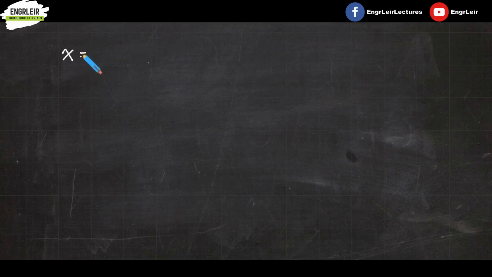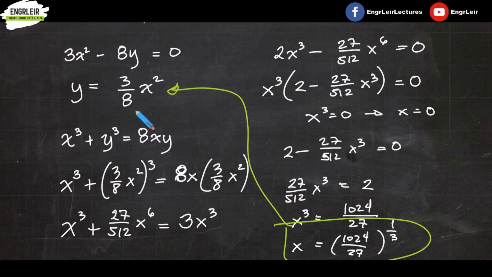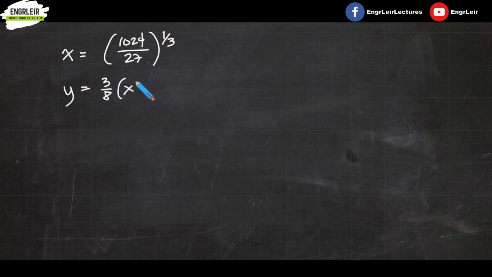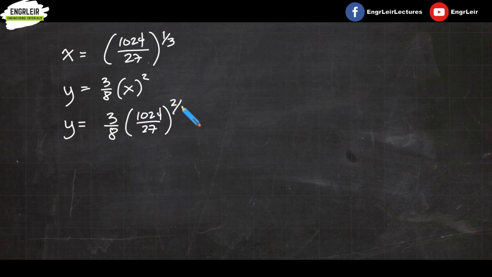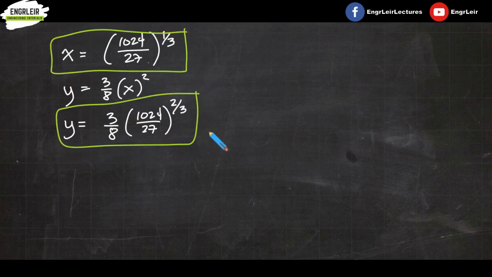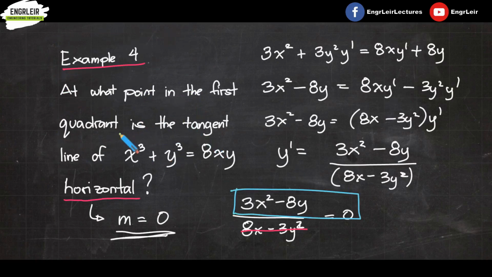So the x would be 1024 over 27 raised to 1/3. And I said y is 3/8 x squared. Or, in other words, y is now 3 over 8 times 1024 over 27 raised to 2/3. So this is the x and the y, which is the point where we have a horizontal tangent on this curve.